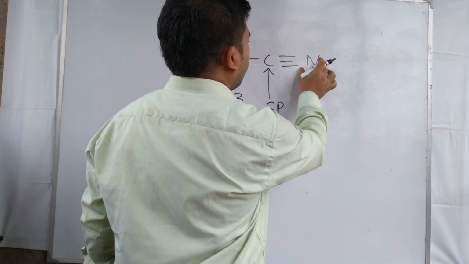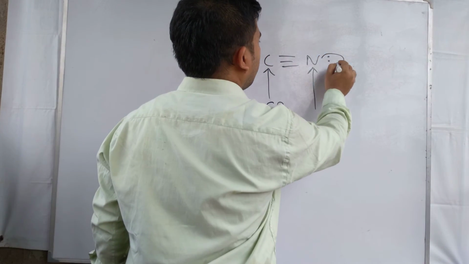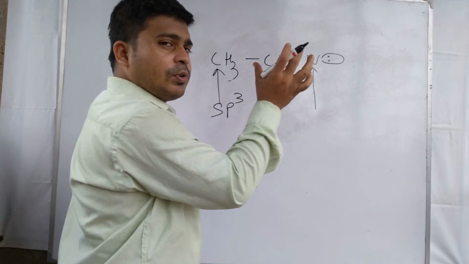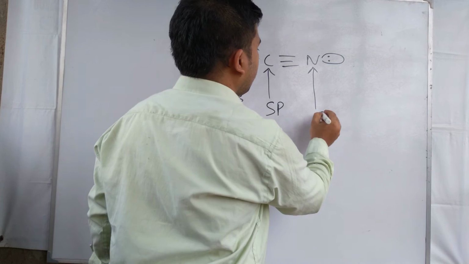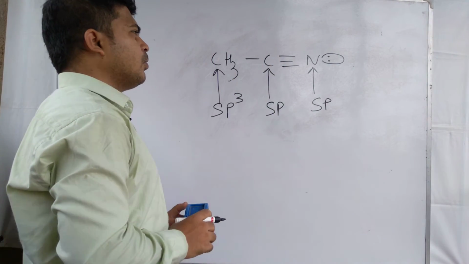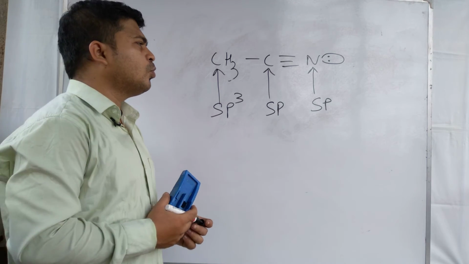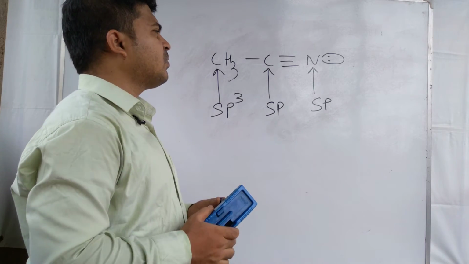Nitrogen has one lone pair, and with the lone pair the total number of pairs is 2, one lone pair and one bond pair, so nitrogen is sp hybridized.